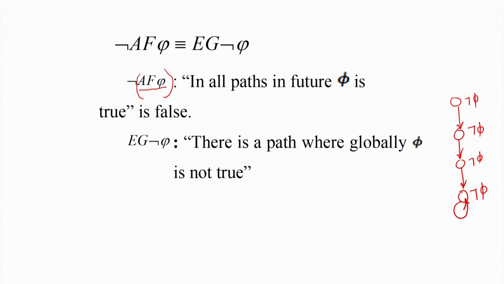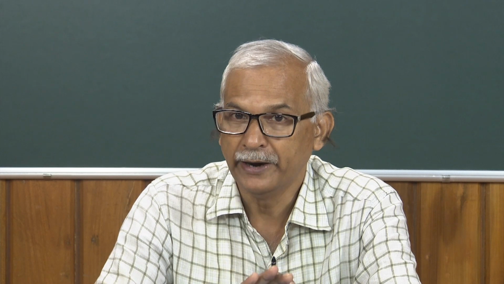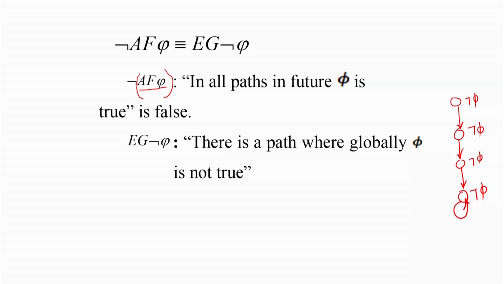So, in this particular path, in future we are not going to get any state where phi is true. That is why F of phi is not true in this particular path.